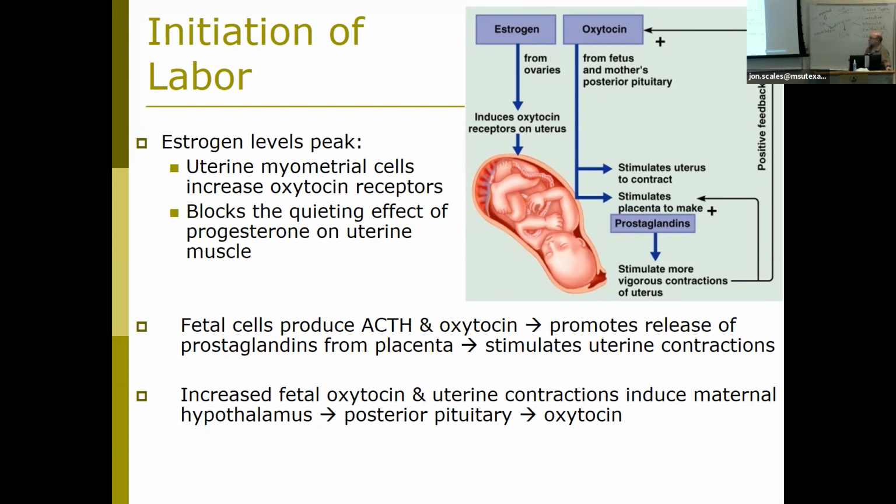And the initiation of labor is typically a factor of the peak level of estrogen and progesterone. So as pregnancy continues, estrogen and progesterone levels just keep going up. They never peak out.